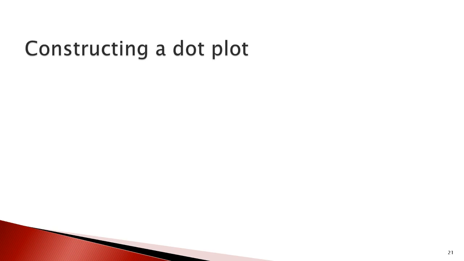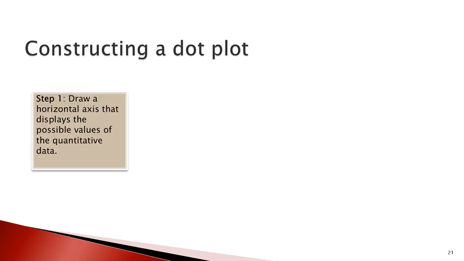All right, let's move on to the procedure of constructing a dot plot. There are three steps. Step 1: draw a horizontal axis that displays the possible values of the quantitative data.